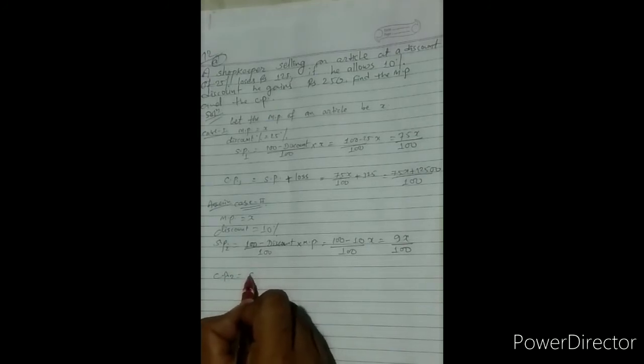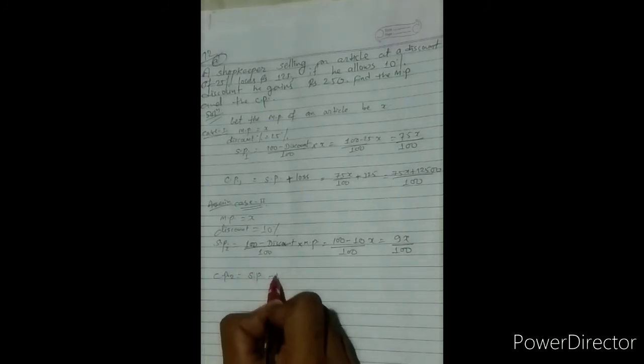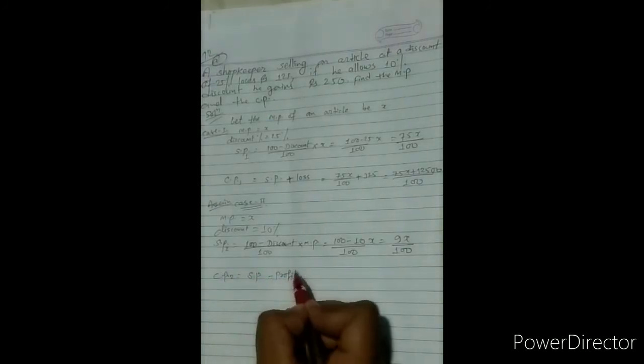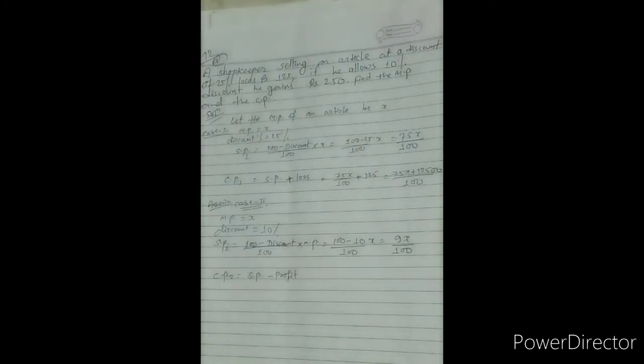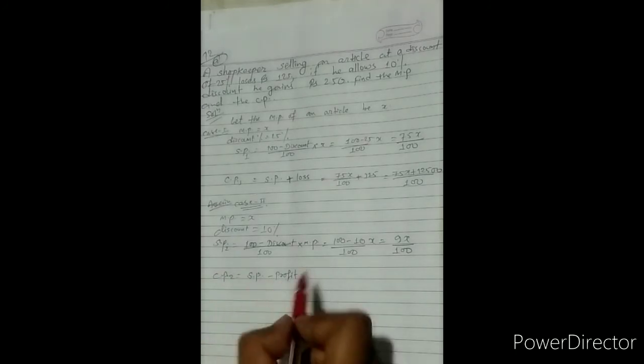After getting the value of the selling price, in this case the profit is given as 250. So you can find CP. For that, SP minus profit, because in the case of profit, CP is less than SP, so we have to subtract.